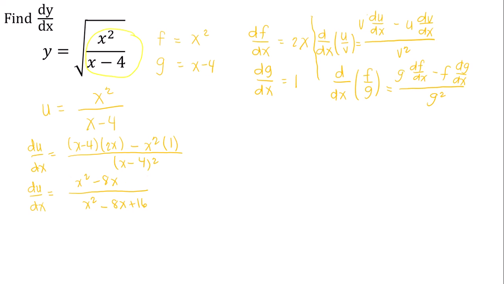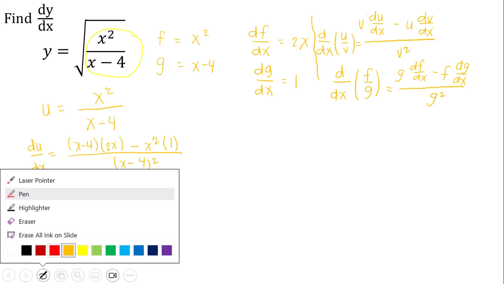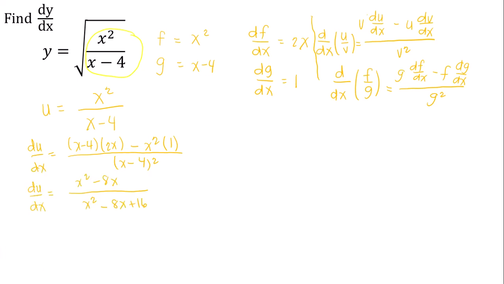And then this time, since we now have our derivative, we can apply the chain rule wherein y is equal to the square root of u. Now dy/du is equal to 1 over 2 square root of u.